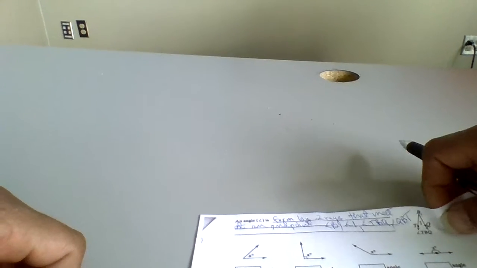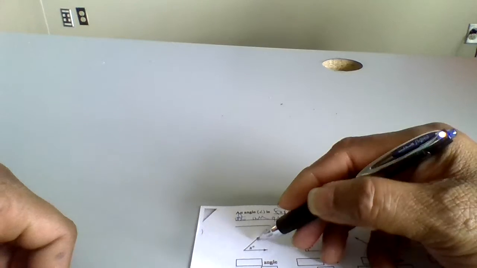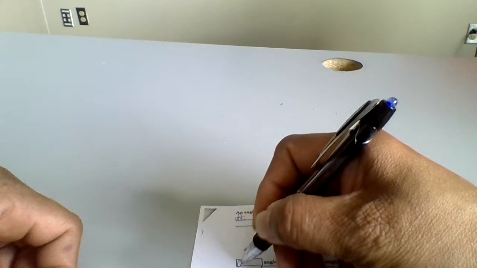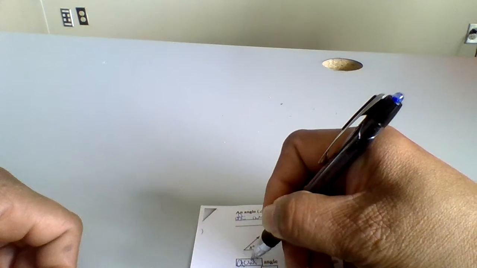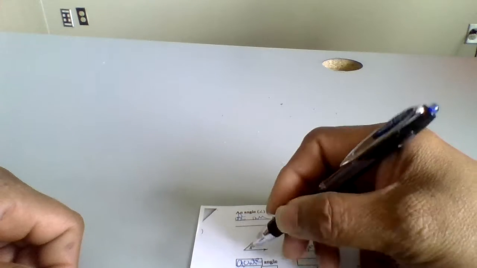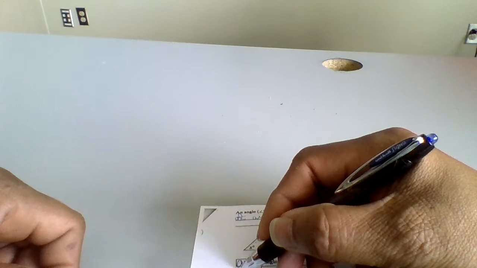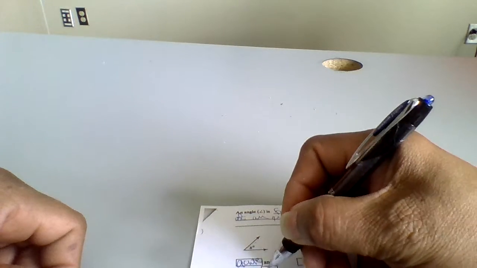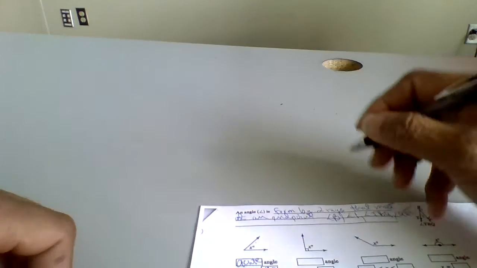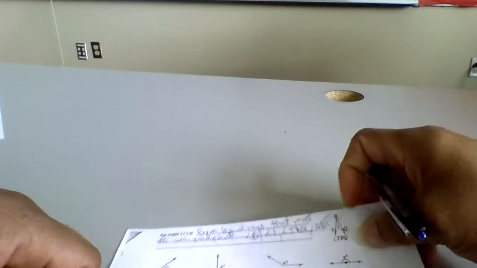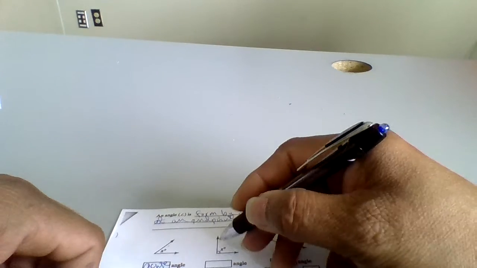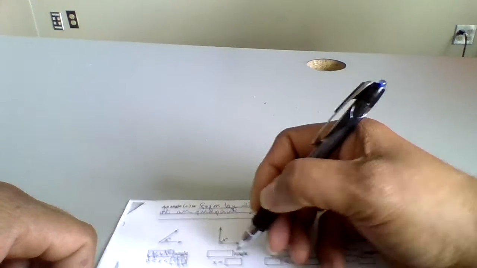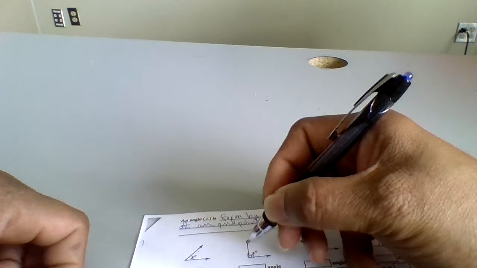All right, next one. What type of angle is this? This is an acute angle. An acute angle is between 0 and 90. The next one is a right angle, and it has a little symbol here.